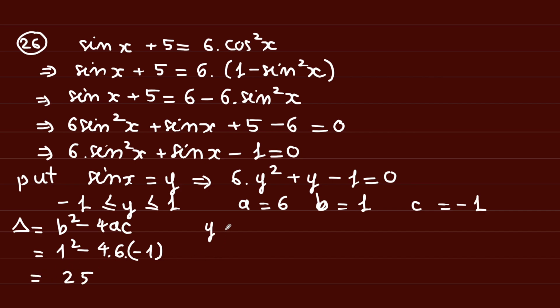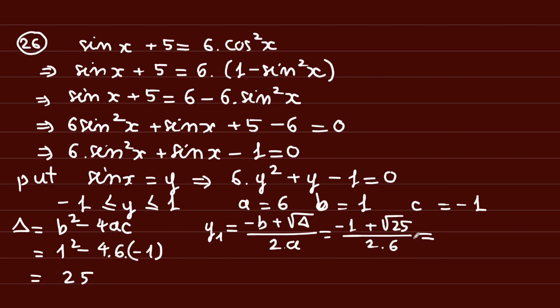About y, the first y will be minus b plus square root of discriminant over 2 times a: minus 1 plus square root 25 over 2 times 6, and this is 5 minus 1 equal to 4. 4 over 12 means 1 over 3.